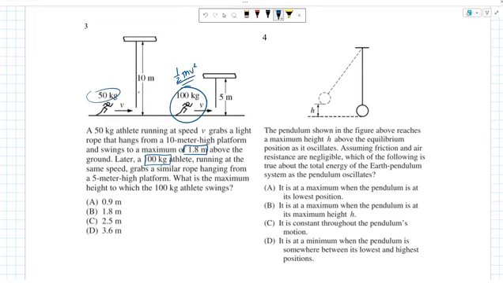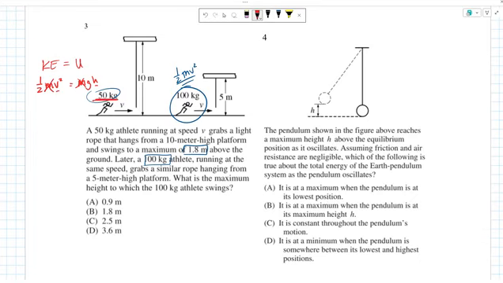But when we look at this for the 50-kilogram athlete to begin with, we know that his initial kinetic energy is going to be equal to the final potential energy. So that's 1/2 mv squared, and that's going to equal mgh. And as we do this, it's the same mass on both sides, so they cancel out, which means that the speed and the height depend on each other, and it doesn't have anything to do with the mass.